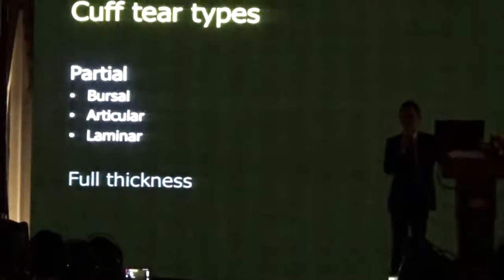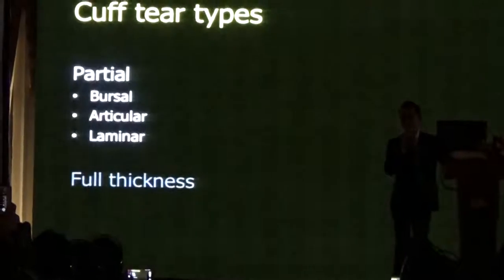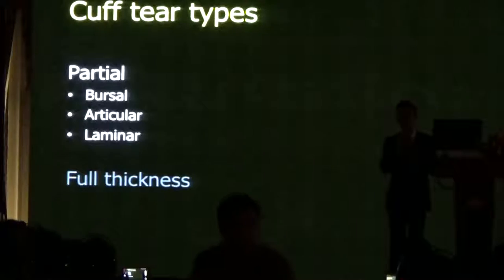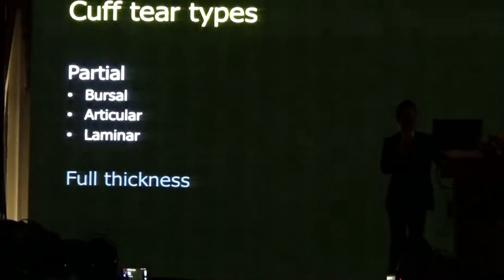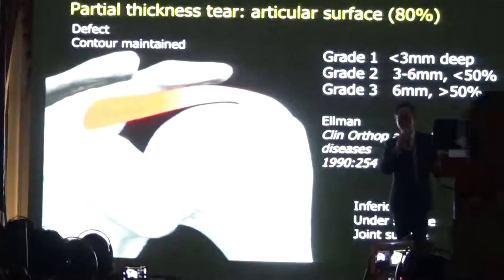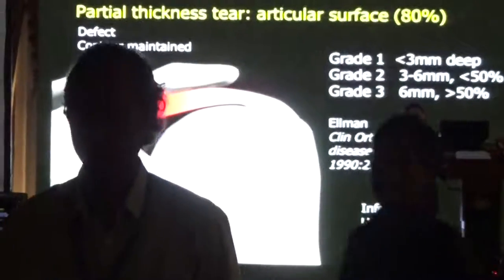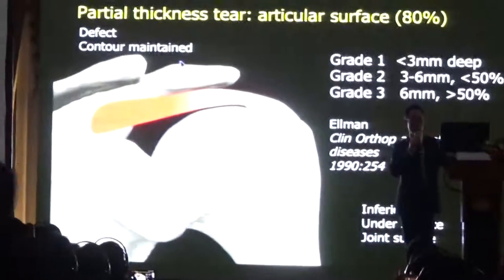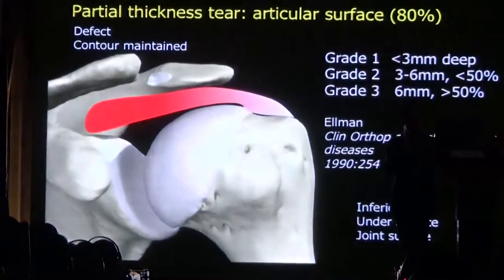When we think of rotator cuff tears, we think of two main types. One is a partial tear, which is classified according to its location, and the other is a full thickness tear. So partial tears can be graded according to how thick they are in terms of their depth, or in terms of what proportion of the rotator cuff is involved.